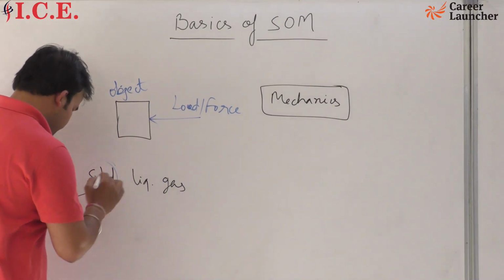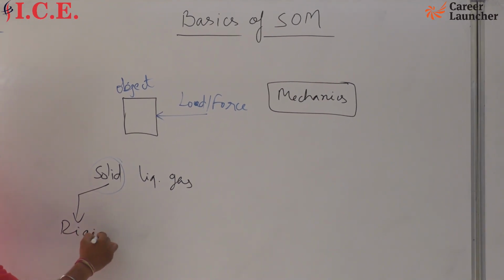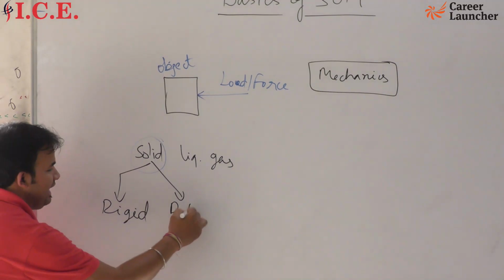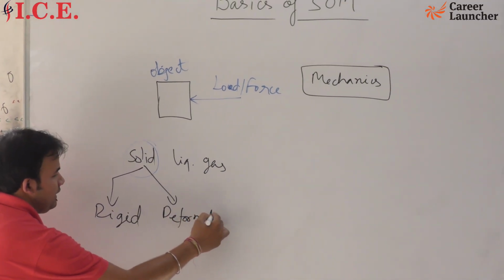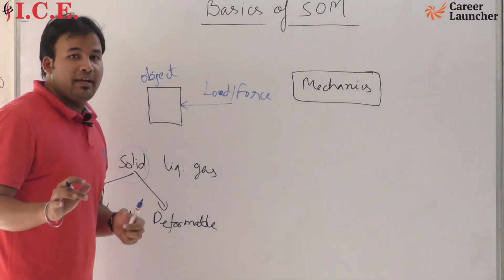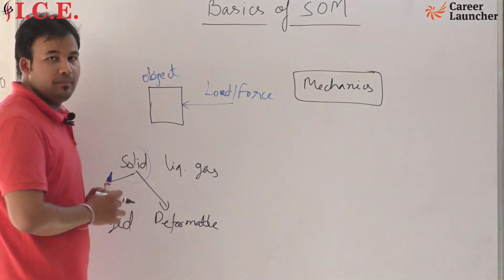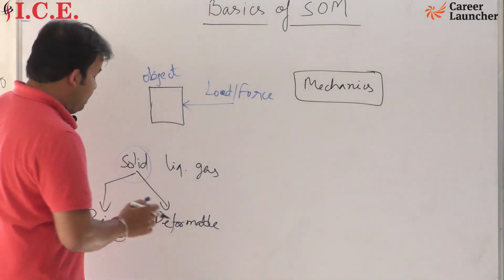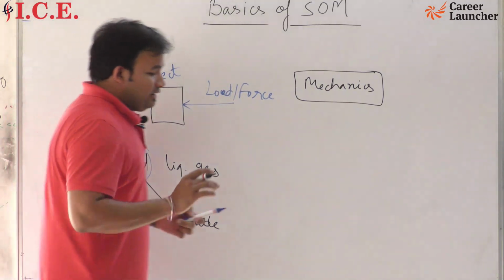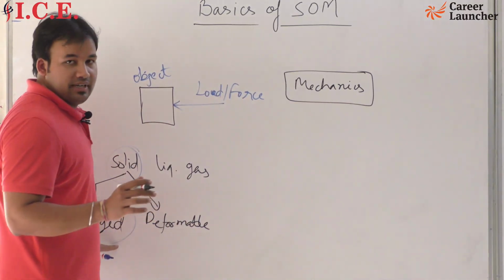The first one is rigid solid, and the second one is deformable solid. So I asked him, which solid are you considering here? Then he told me, sir, I am taking rigid solid.